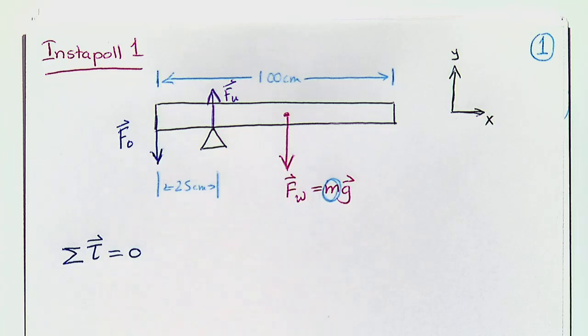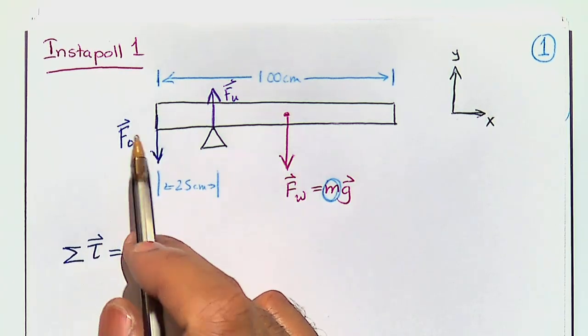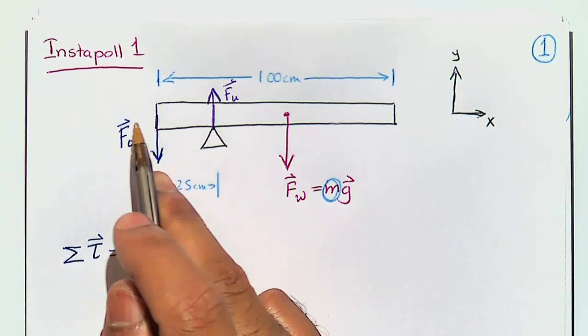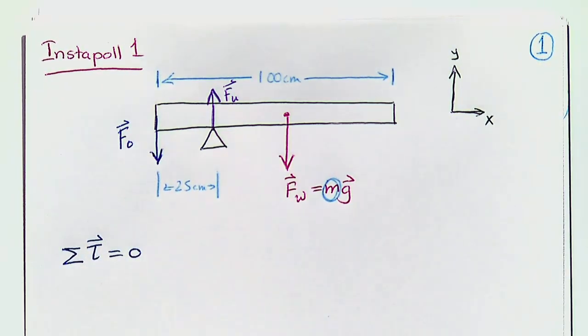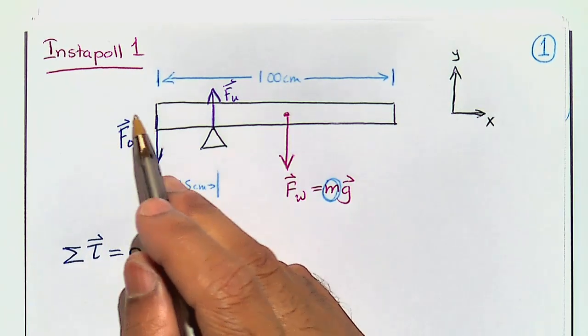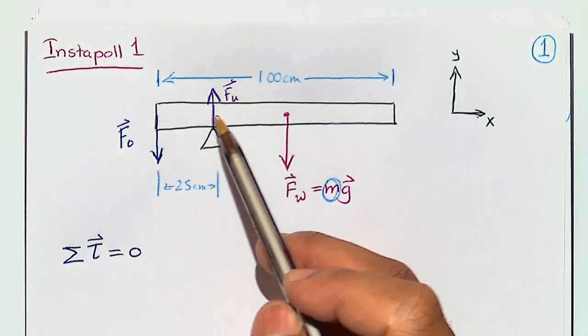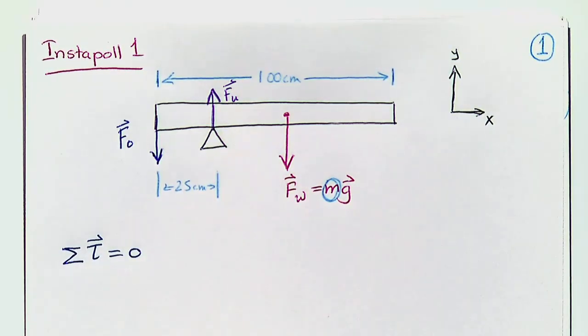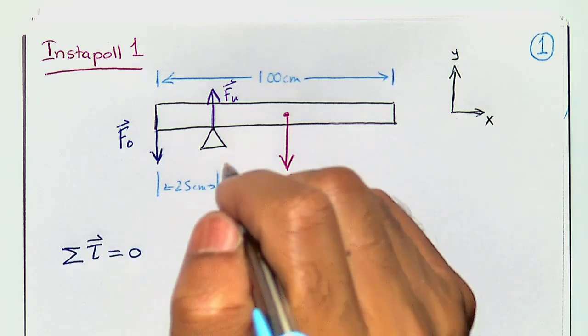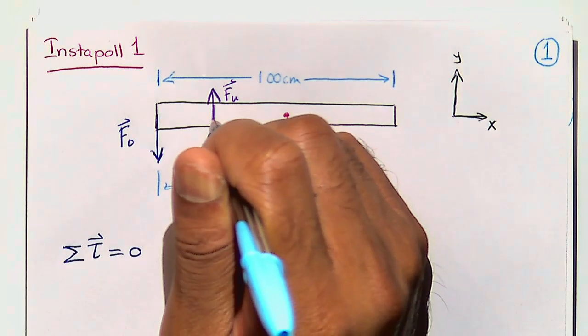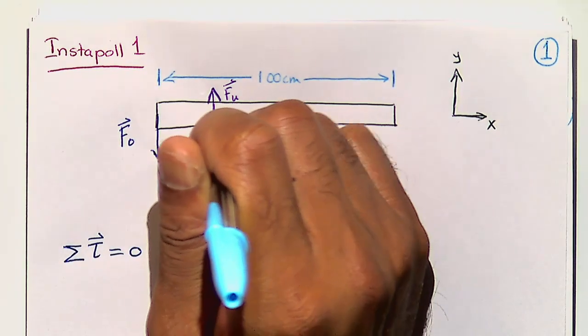We have some information about this force: it says it's an object, 0.5 kilograms. This force is there, but nobody asked about it. Nobody cares about it, so can we get rid of it? And you can get rid of it and not be bothered in the torque calculation so long as you calculate torque about this point.